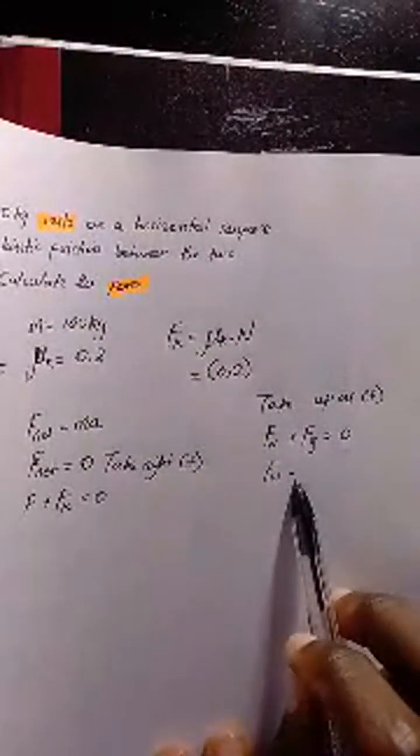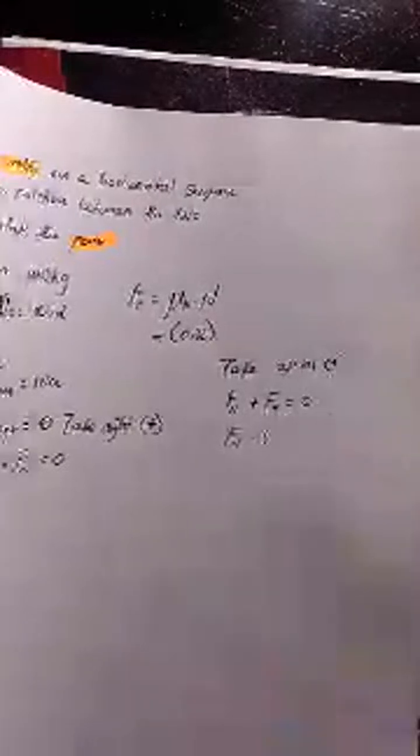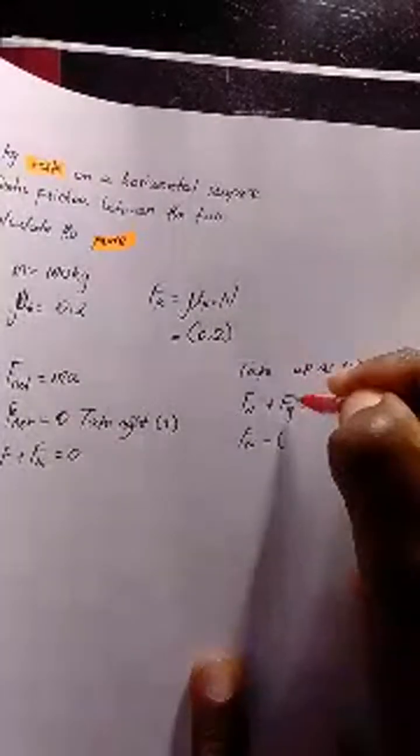We are substituting now. Remember, Fg is going down, it's negative. I said take up as positive, so everything that is going down is negative. So it's Fn minus Fg. Remember, Fg is equal to mass times gravitational force.